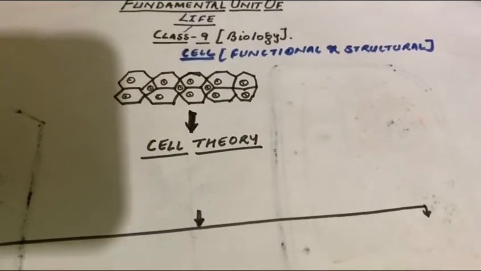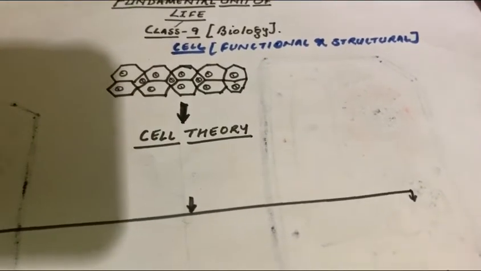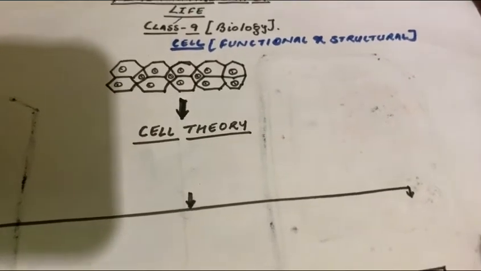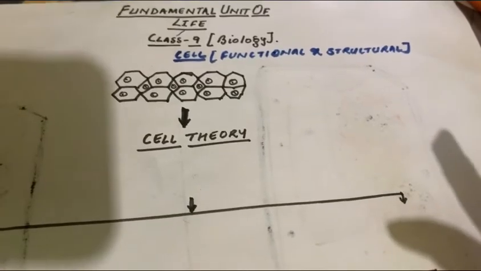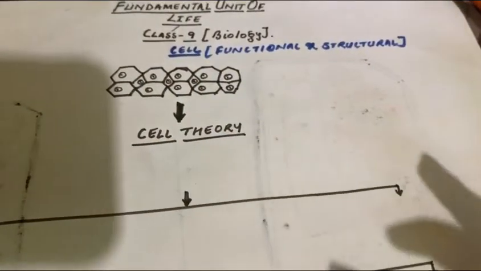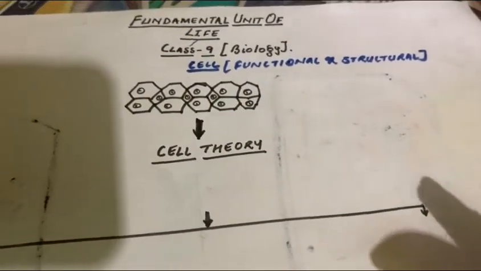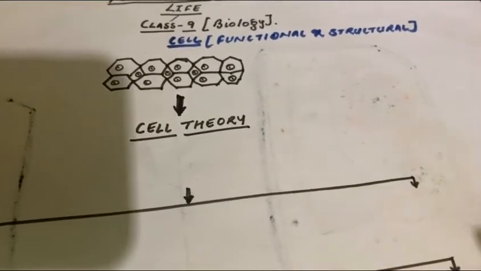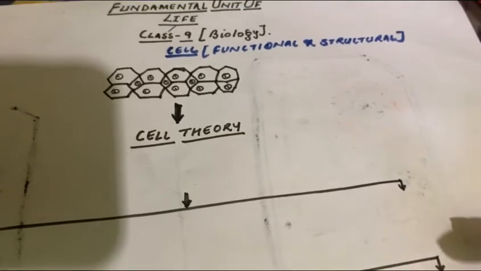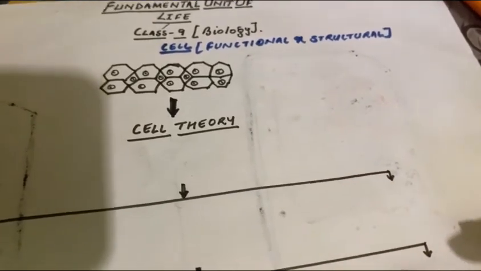Why do we call it the functional unit of life? Functional means all the body's functions are controlled by a tiny cell. Whereas structural means our body is made up of many cells. That is why we call it a functional and structural unit of life.